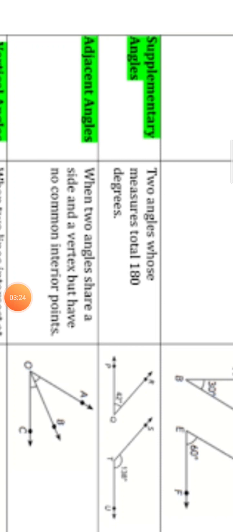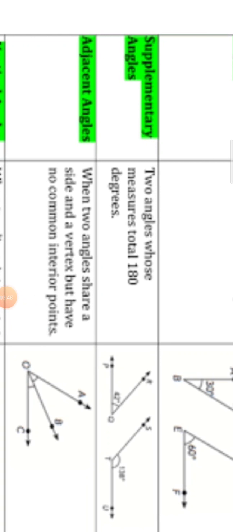Next is supplementary angles. Now what are supplementary angles? Two angles whose measures total 180 degree. On the right side there is the example. One angle is of 42 degree and one angle is of 138.